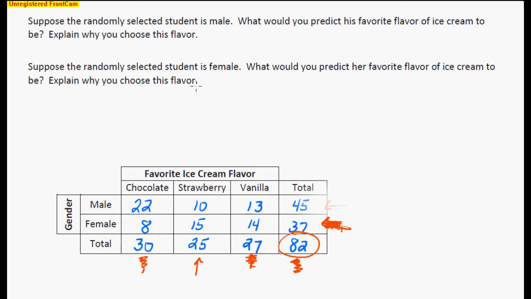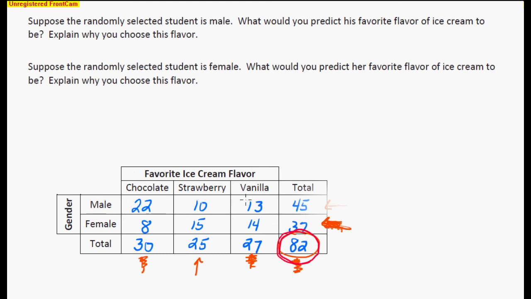Okay, so here are the last two questions that go along with this. And again, watch the wording here. Suppose the randomly selected student is male. So that means we're still choosing from this big group right here. So I'm still going to have something over 82. What would you predict his favorite flavor of ice cream to be?